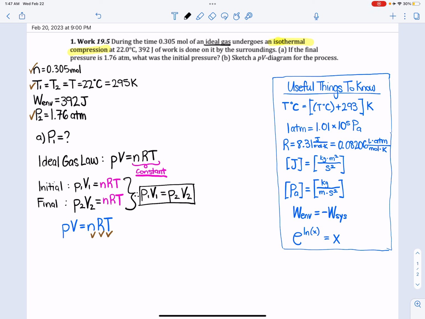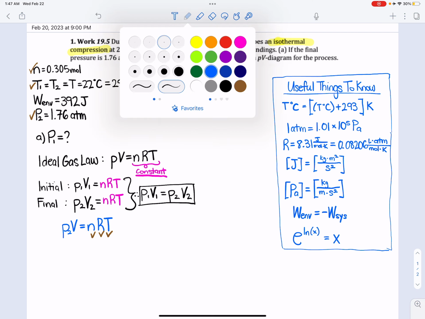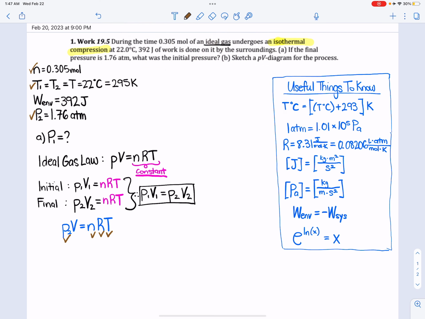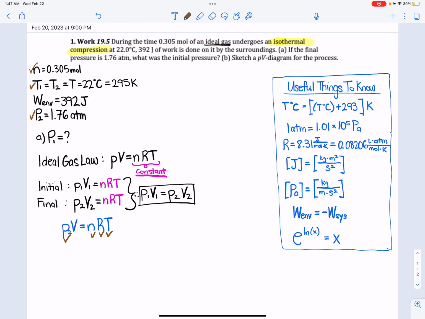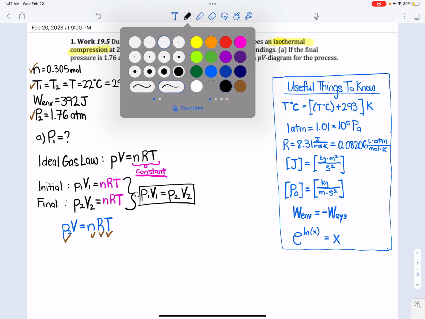I'm going to use the ideal gas law for the final state. For this, I know P2, that's given. Okay. So I can try to find my V2, right?